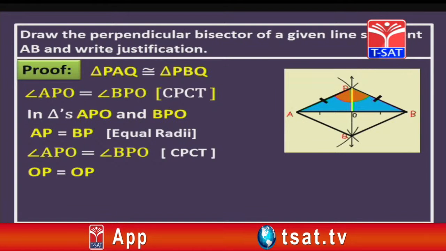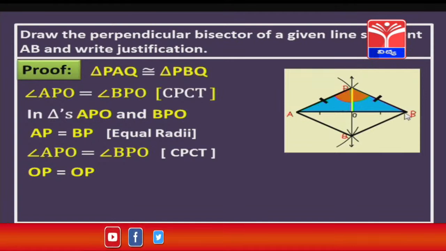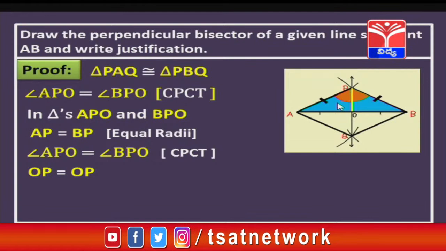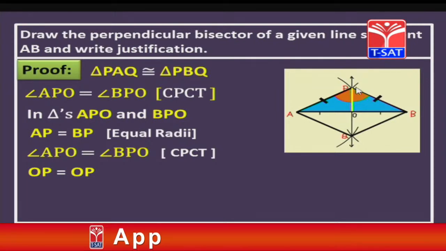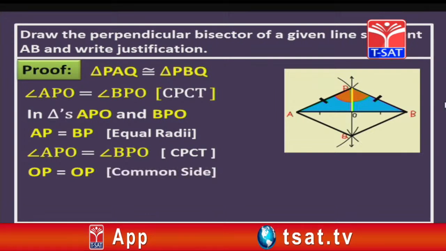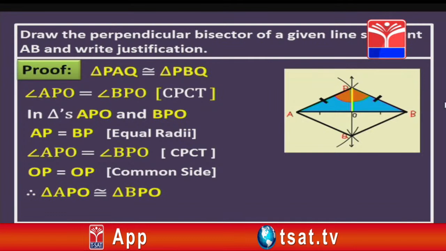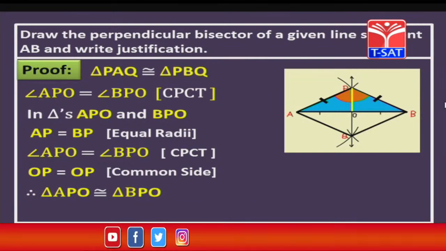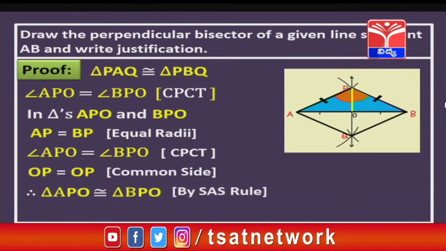So, that means in these two triangles, that is triangle APO and BPO, two sides and the included angle of APO and two sides and the included angle of BPO are equal. Now, what can you say about these two triangles, children? Yes, triangle APO is congruent to triangle BPO. So, this I can write by SAS congruency rule.